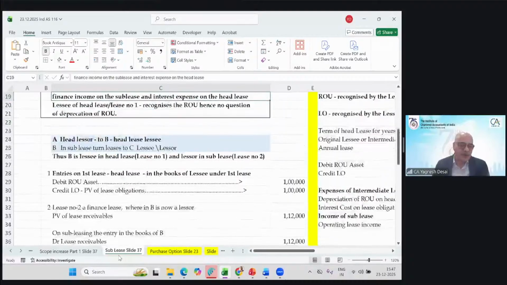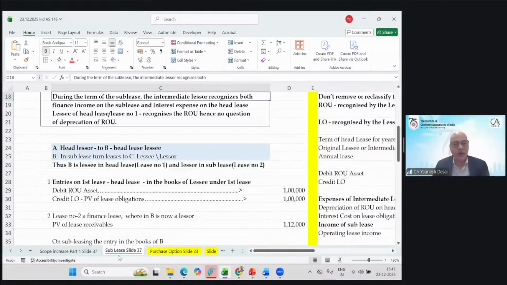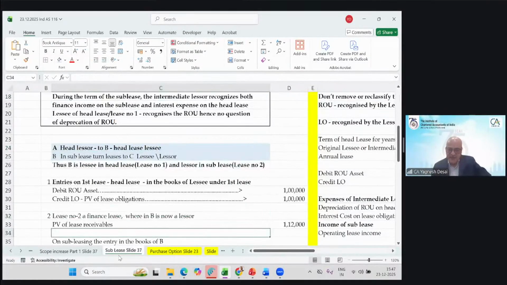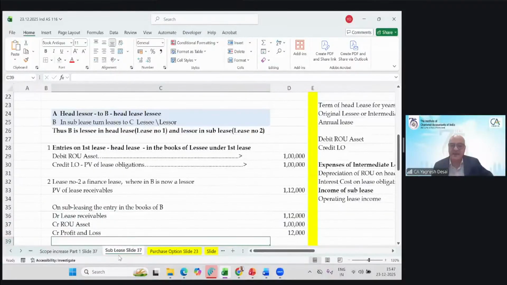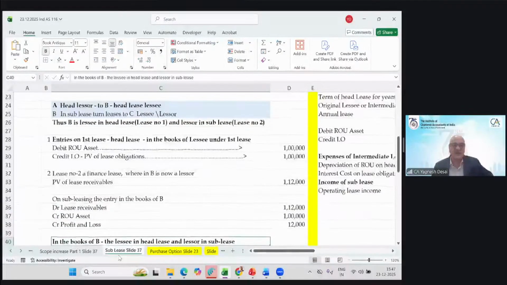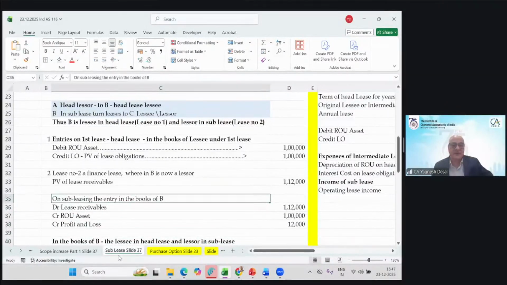The sublease could be either a finance lease or an operating lease. Now, if my sublease is considered as a finance lease, then what happens?